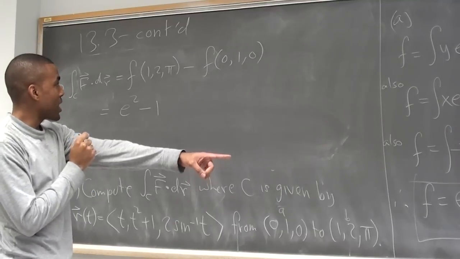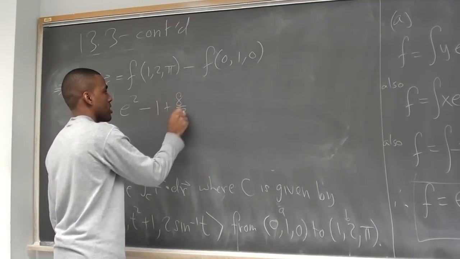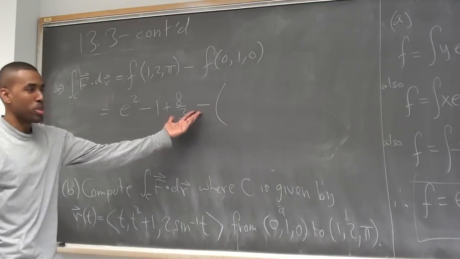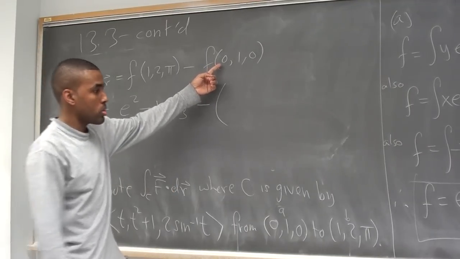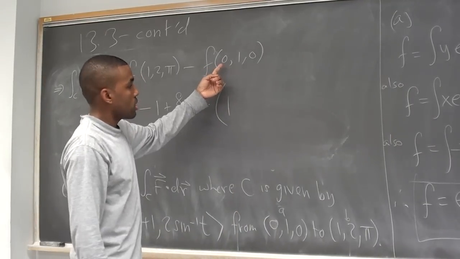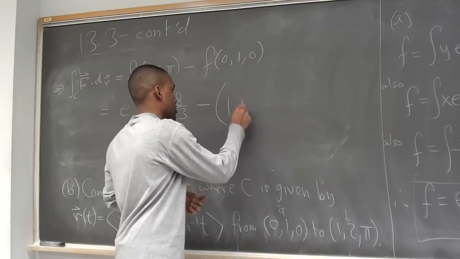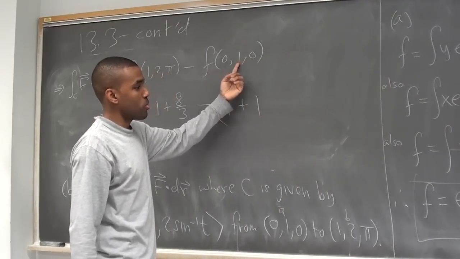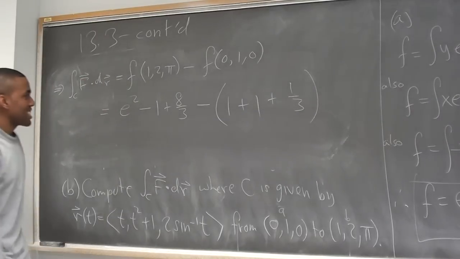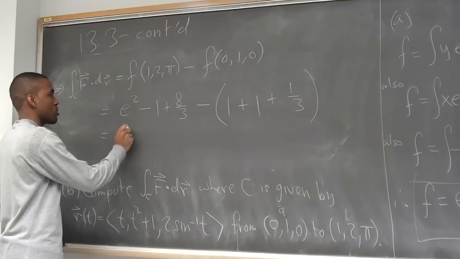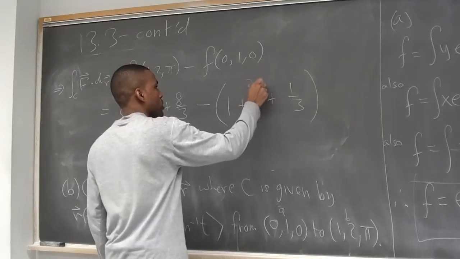Okay, and I'm going to plug in y equals 2 over there, so that gives me 8 over 3. Minus, of course I don't have to put the plus c because it cancels out over here. Minus, now I'm going to plug in x equals 0, so that just gives me 1. Cosine of 0 is what? 1. Plus 1. Then I plug in y equals 1. That equals a third. So this is actually equal to e squared minus, this is 2 plus a third, right?